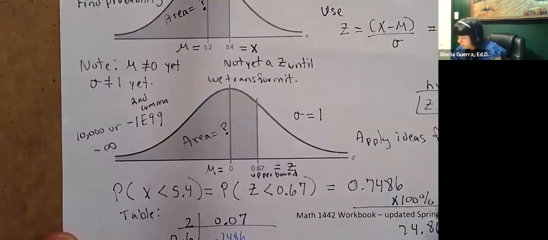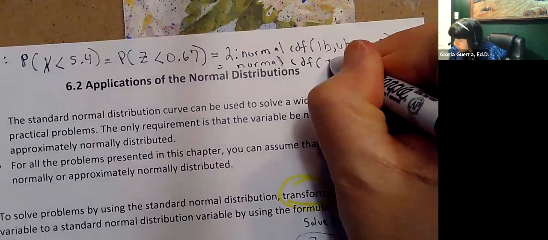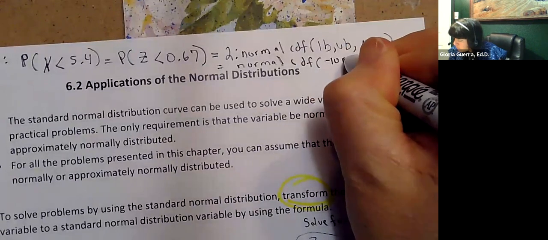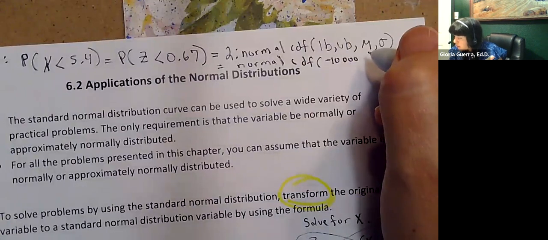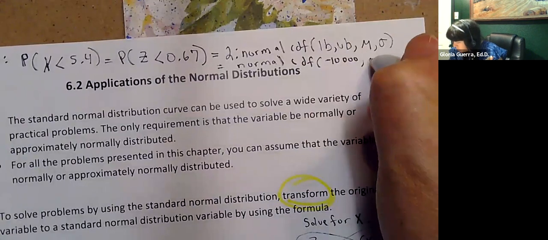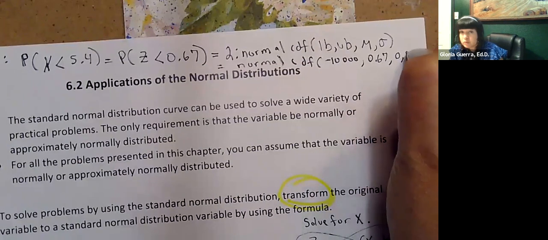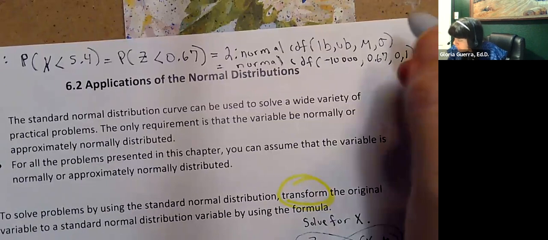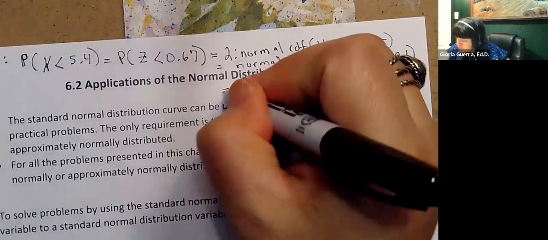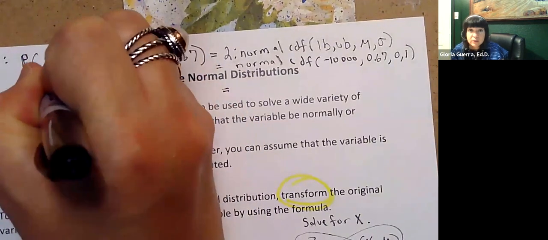So you can choose, you can write negative 10,000, or you can do the negative 1 E 99. And then the upper bound is 0.67, and then mu is 0 and sigma is 1, because we transformed that already.